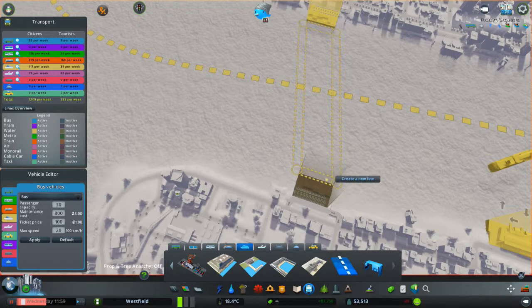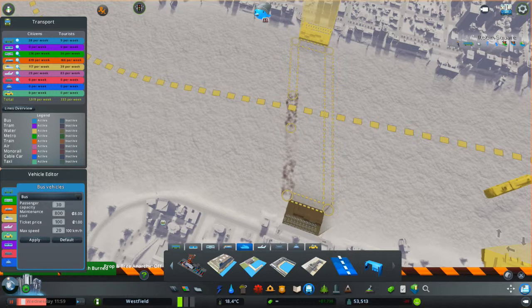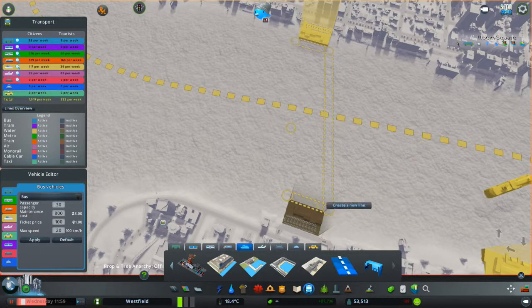Well, this is a two-pier terminal. I could get rid of that line, and that one can go somewhere else. No, actually, thinking about it, this one here could go off in this direction to the other side. Yeah, I'm going to chop that one, and because I don't want the lines crossing, so for the time being we'll stick with this, and we'll put our line in place which goes along here.